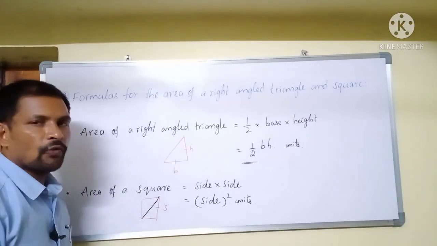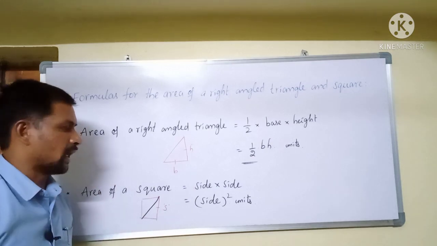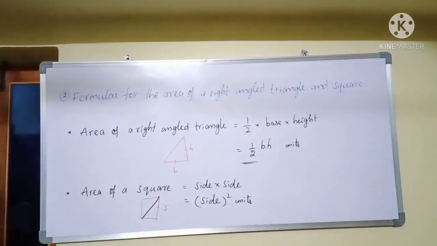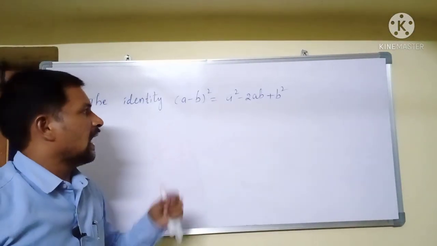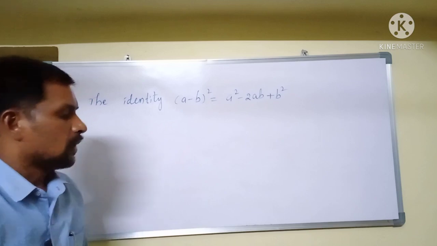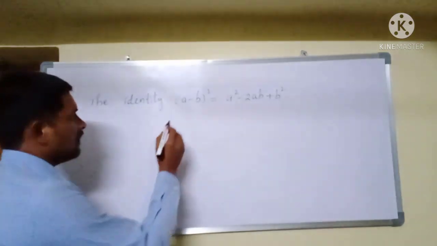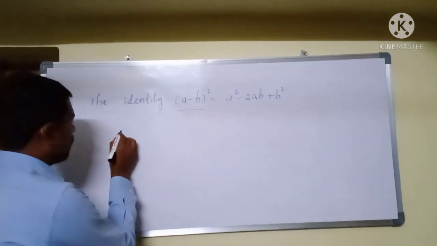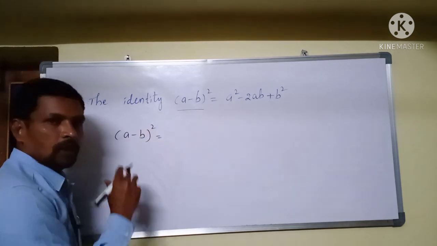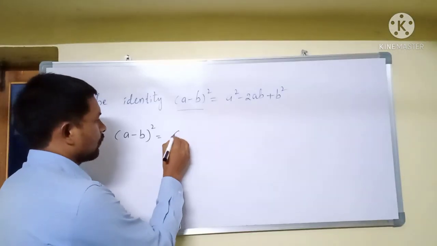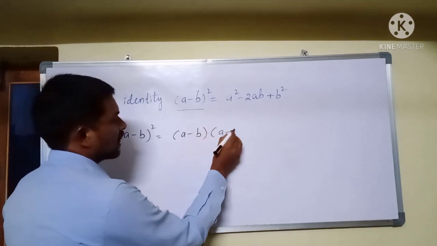Then we will go for the identity of a minus b whole square. According to the algebraic formula, a minus b whole square means a minus b into a minus b.